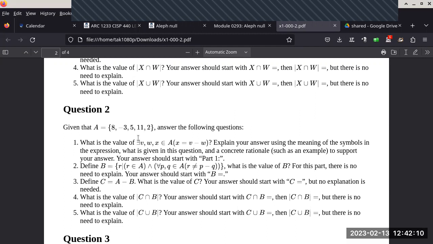And the last one, they would still union to the original set A, just because of how they are defined.